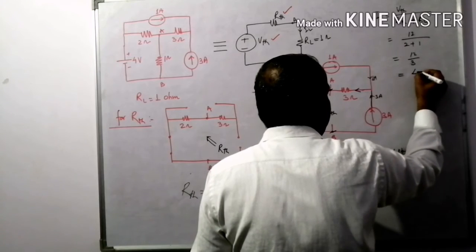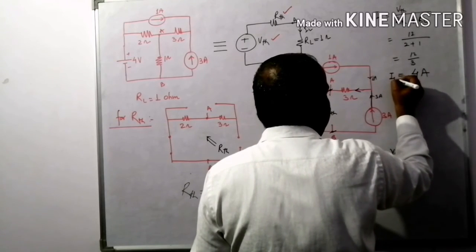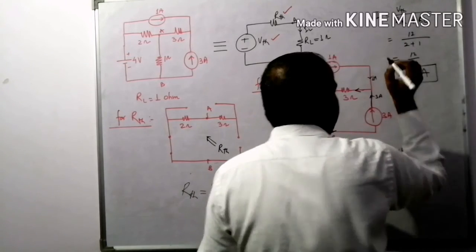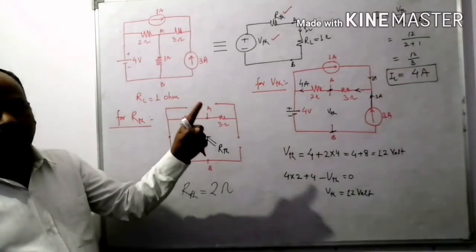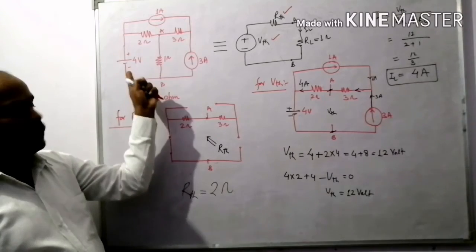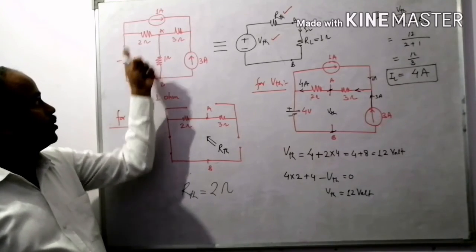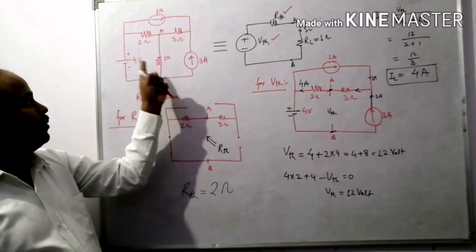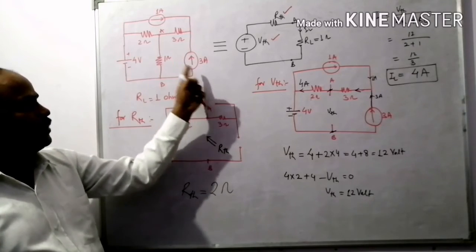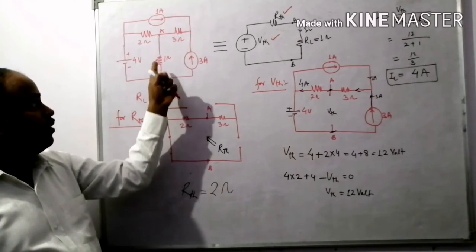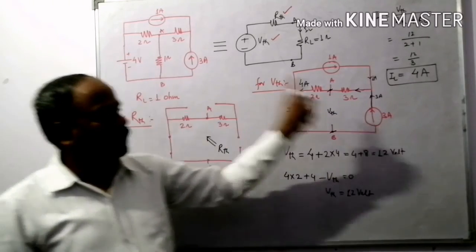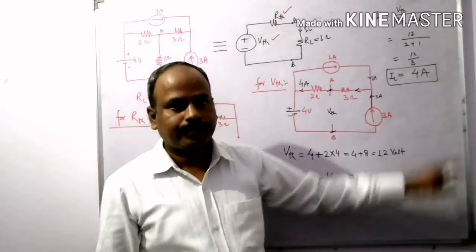So it is 4 ampere. The current passing through the load is 4 ampere by the 3 sources. One is a voltage source, the other 2 are current sources having the values 4 volt, 1 ampere, 3 ampere. So the current passing through the branch A and B, or the 1 ohm resistor, is 4 ampere.